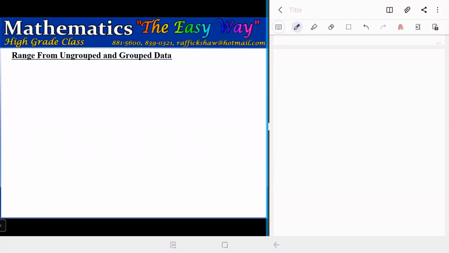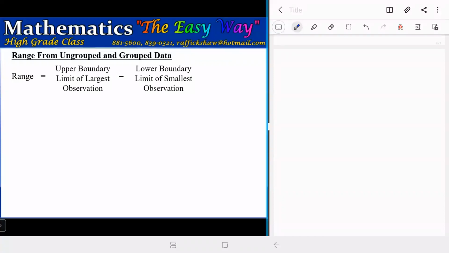In other words, you're going from the smallest boundary value in the first group to the upper boundary value in the last group. That is the range. That's how we calculate the range when the data is grouped or ungrouped.